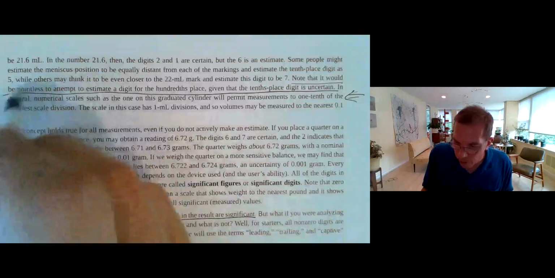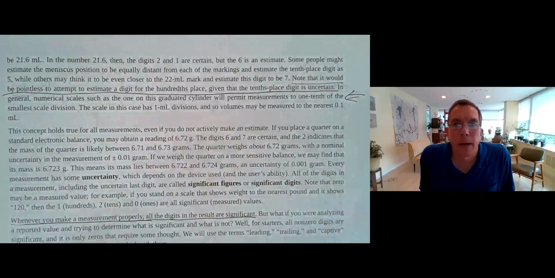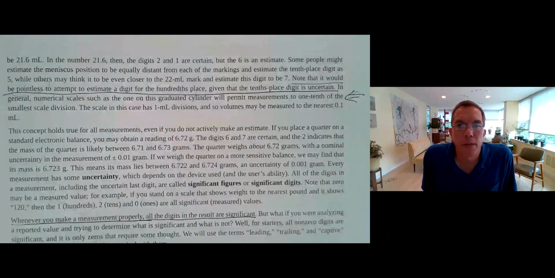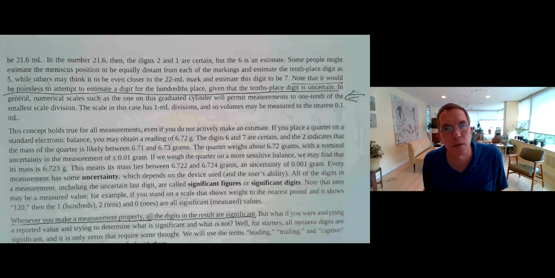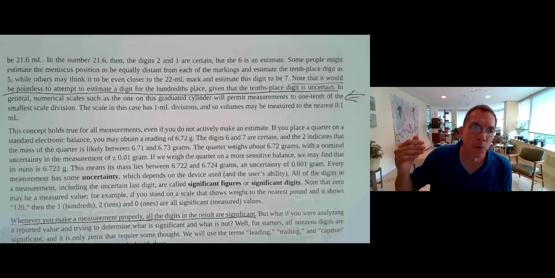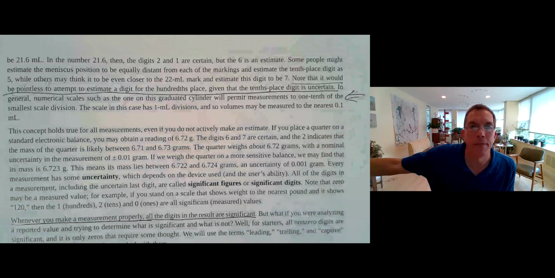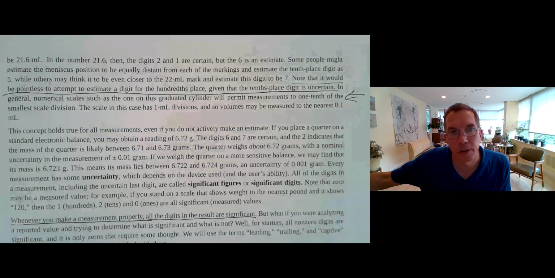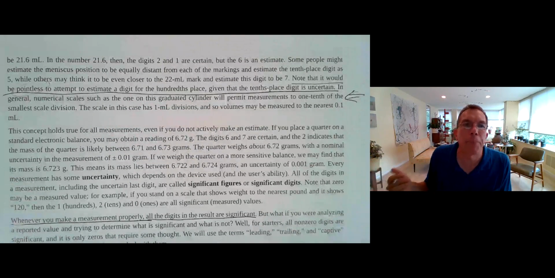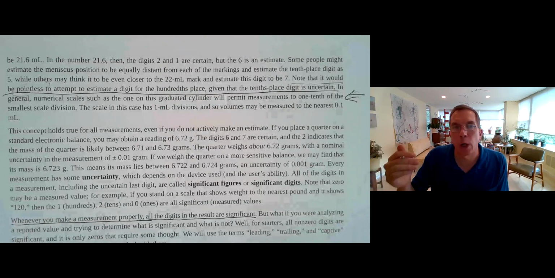But whenever an author uses a word like pointless, that gets my attention, right? Note that it would be pointless to attempt to estimate a digit for the hundredths point, given that the 10th place is uncertain. Okay. So that's the point that I was just making, that unless we have a way to make a measurement to that level of certainty, we stop at the first digit where we're guessing.